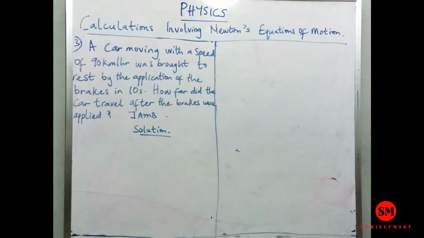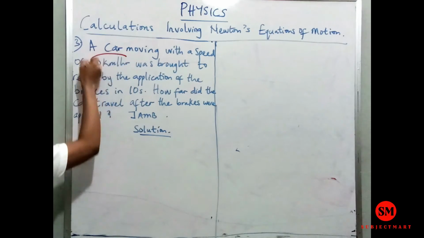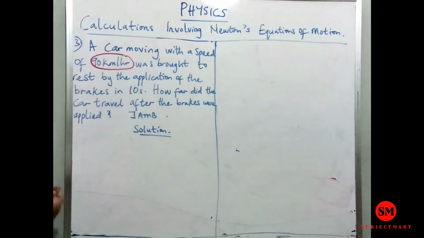The last question we'll be considering is this. A car moving with a speed of 90 kilometers per hour. Speed, we use it interchangeably with velocity, so you can as well say this is our velocity.